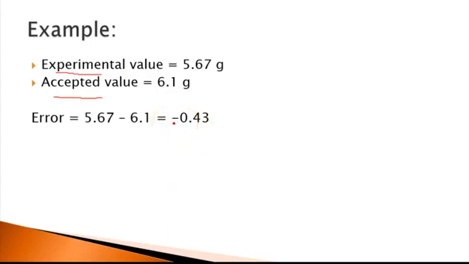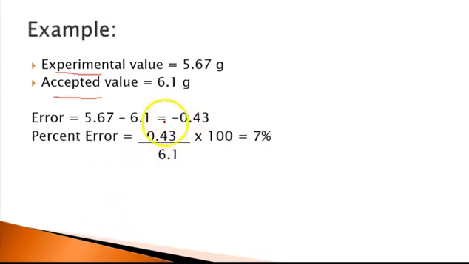That's coming out to a negative 0.43. But remember, in the formula, you use the absolute value. So it's a positive 0.43 divided by the accepted value again. You use the accepted value twice in the equation, once in the subtraction and then you divide. And then times 100 to get it to be a percent.